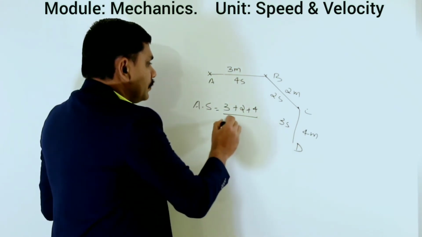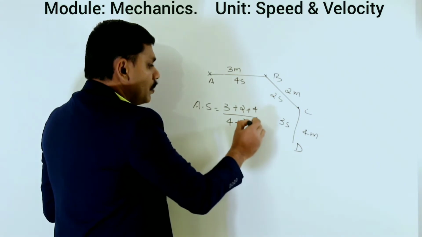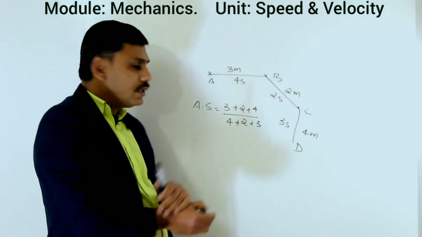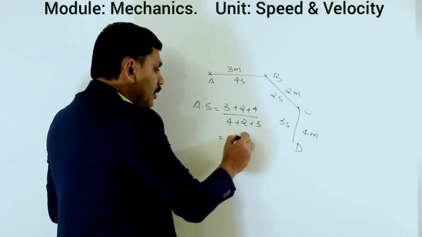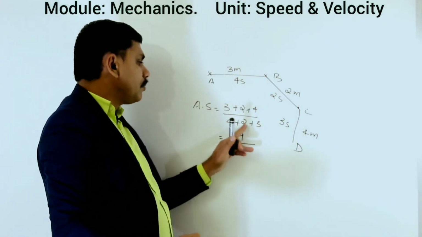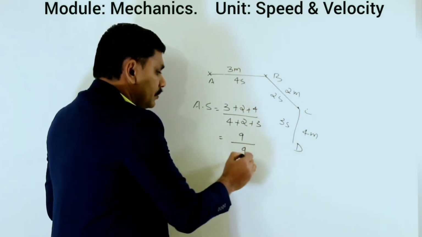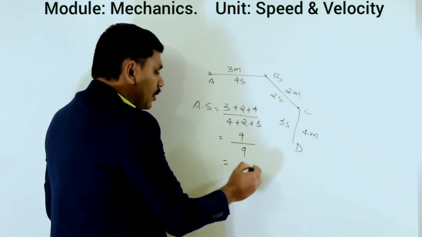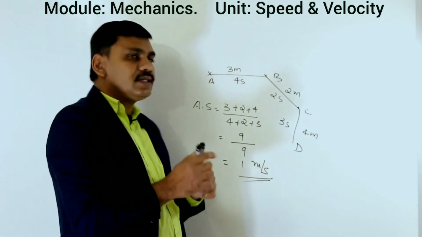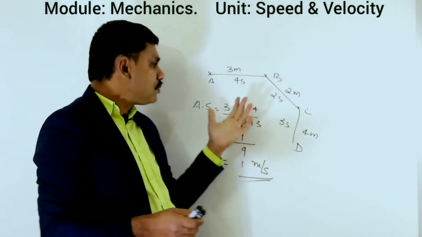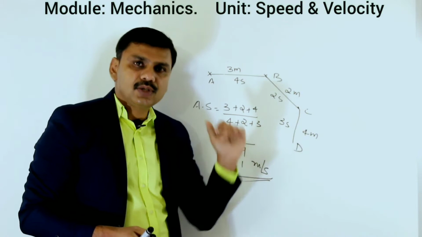Then total time, that is 4 plus 2 plus 3. 3 plus 2 is 5, 5 plus 4 is 9, divided by 4 plus 2 is 6, 6 plus 3 is 9. That is, here it is 1 meter per second. So the average speed is calculated by total distance divided by total time.